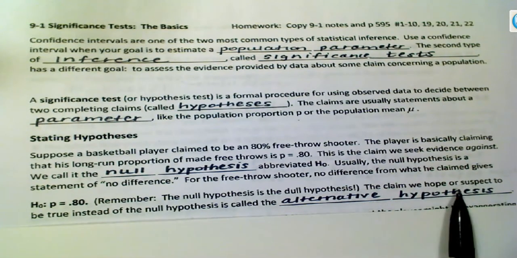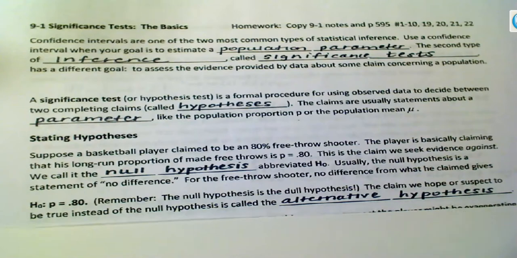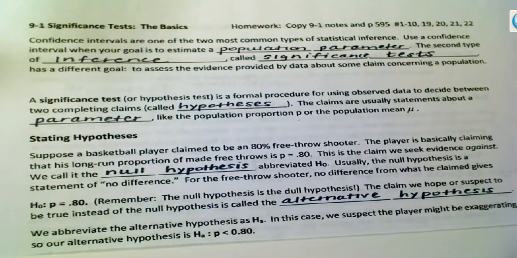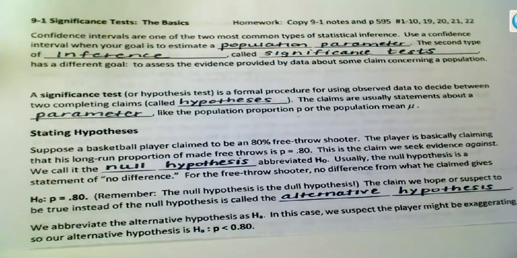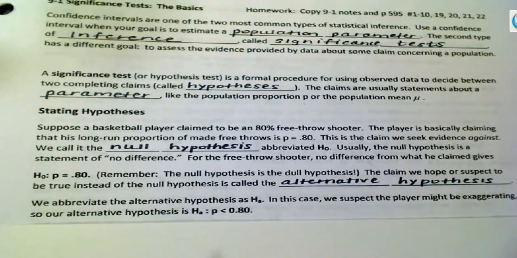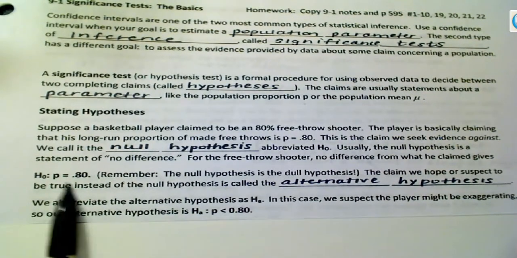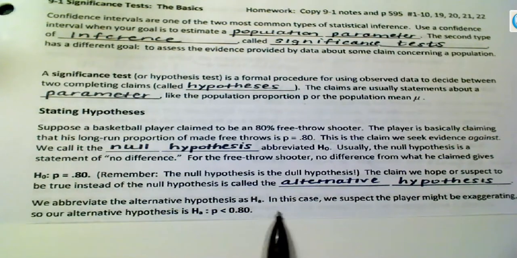The claim we hope or suspect to be true instead of the null hypothesis is called the alternative hypothesis. We abbreviate it H sub A, or HA. In this case, we suspect the player might be exaggerating, so our alternative hypothesis is that P is less than 0.8.